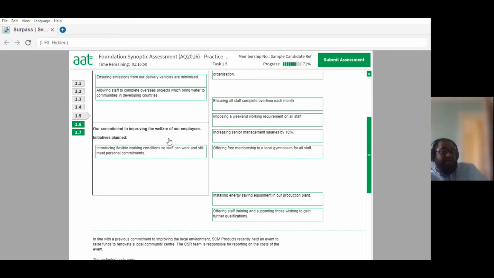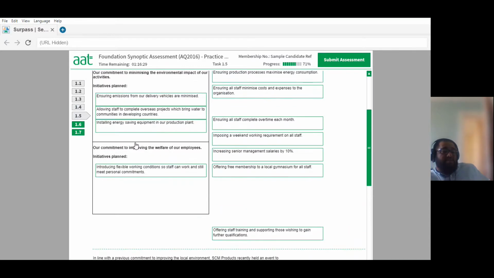Installing energy saving equipment in our production plant. Okay, so that is going to be improving the greenhouse gases emitted from the production process, which may otherwise become detrimental to the environment. So we have set that as environment.